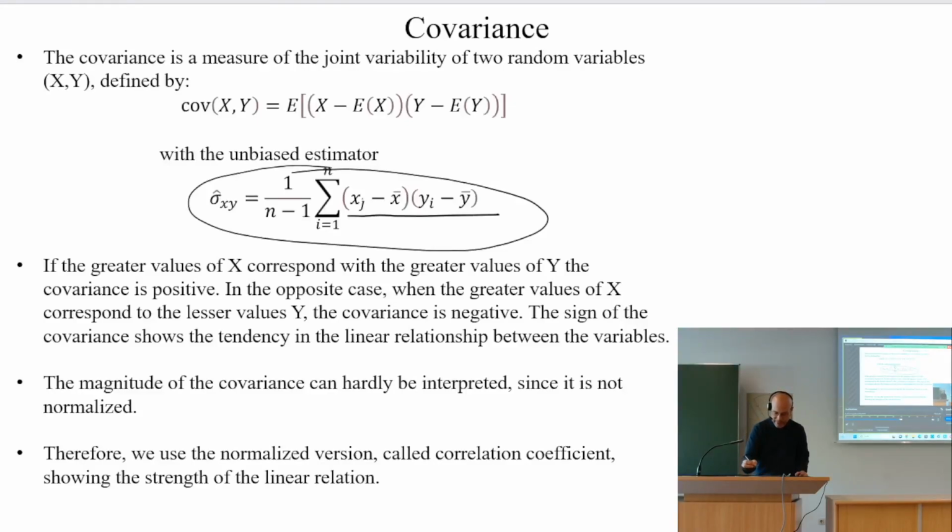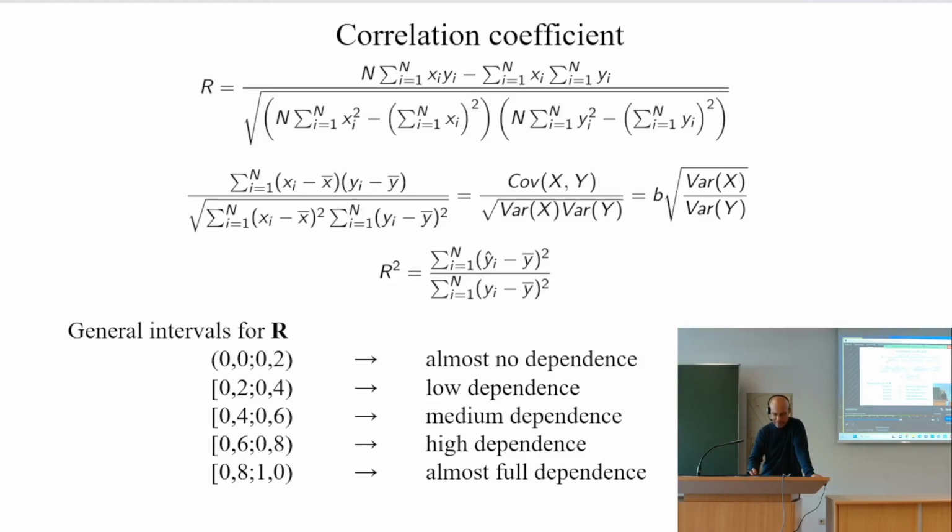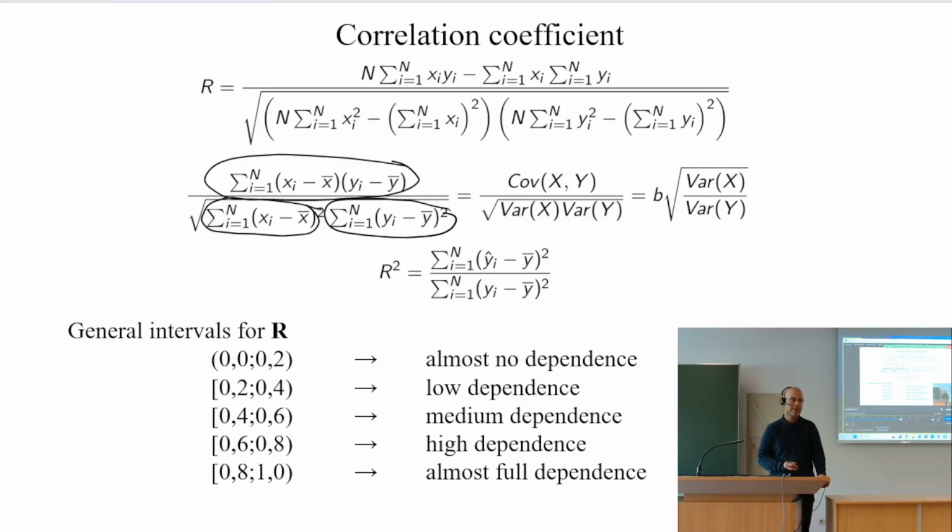Especially if we just scale our x and y numbers by 1000, then this number would increase. And for this, we just normalize this covariance up here by the variances of the single parameters itself. And in order to have still the same units, we take here the square root.